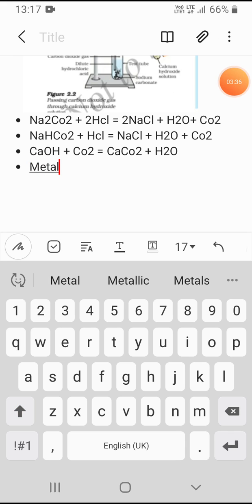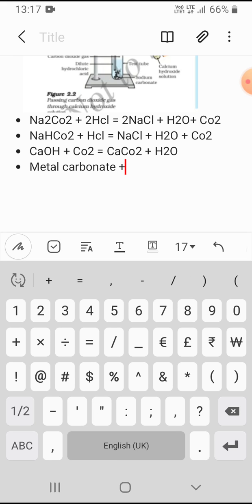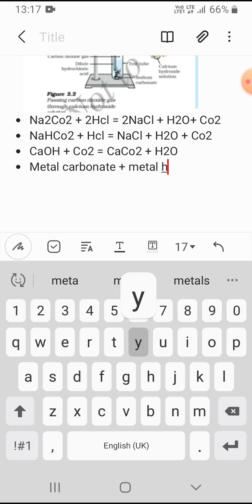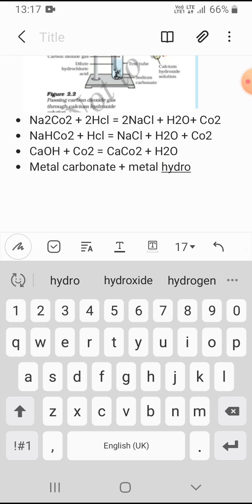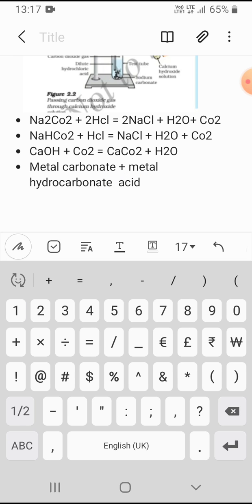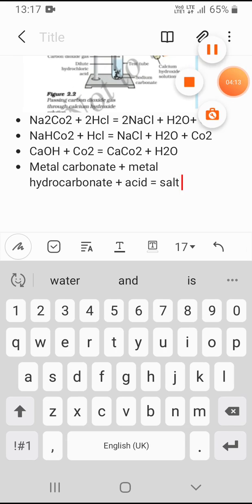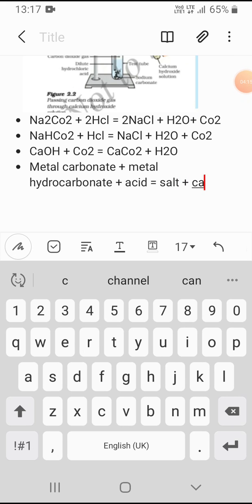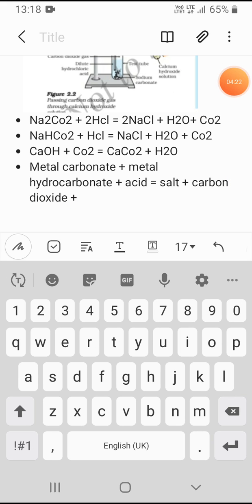By seeing all this, we can say that when metal carbonate and metal hydrogencarbonate react with acid, we get salt, carbon dioxide and water.